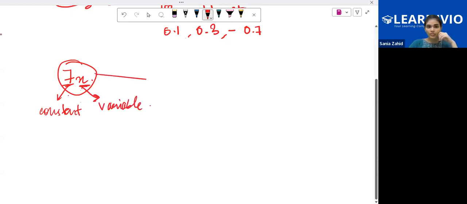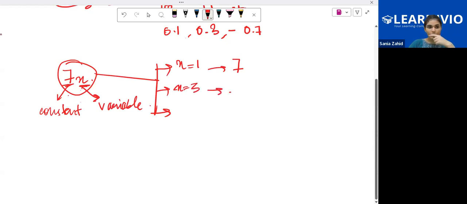So now if I change the value of the variable, let's consider x is 1. So if x is 1, this whole term shall become 7. 7 into 1 will become 7 only. If x is 3, the term shall become 21. And if x is 5, the term shall again change and become 35.